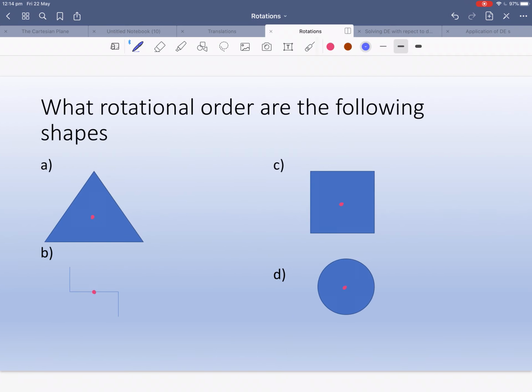What rotational order is it? Now, this is sort of a weird topic a little bit. We sort of see here, see how I've done those 3 directions and they look equal.